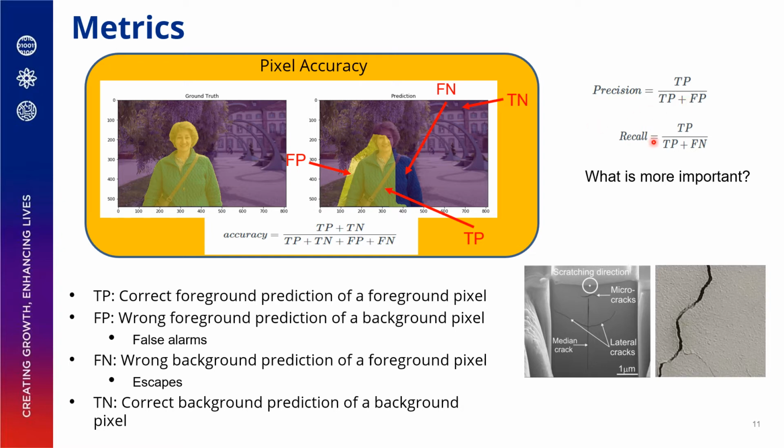Same concept with recall, but the opposite way. To get really high recall, you want as low false negatives as possible. One way to do that would be to say everything in the image is a foreground, right? So if everything in the image is the foreground, you did identify everything over here correctly.